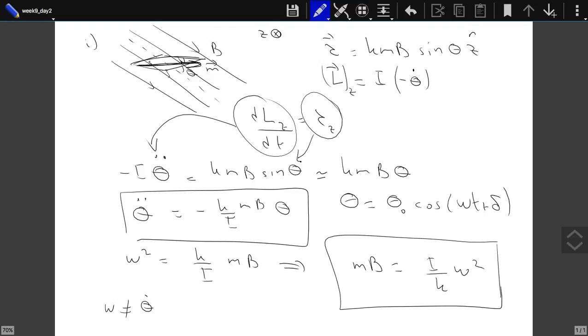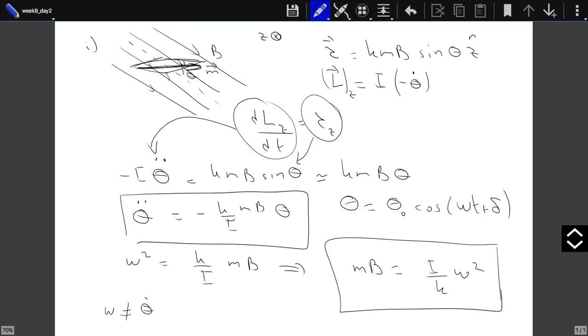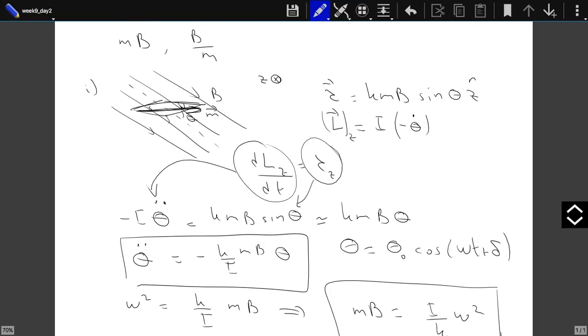Can you repeat where we got the minus sign from? Minus sign, you see, as theta increases, what is the direction of the angular velocity? Yeah, this direction. This is minus z.